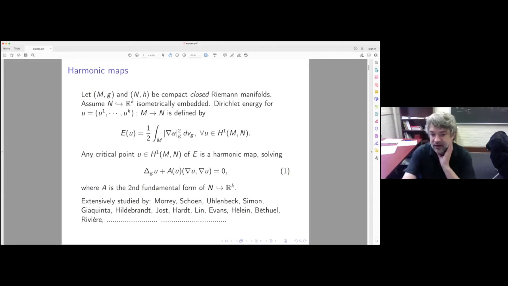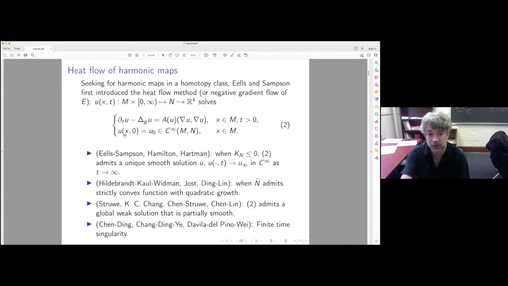So how do you define this type of thing? You can always look at a critical point of the equation, okay? But of course, you have to be very careful, when the target is non-compact, with which type of solution you are manipulating. And you would have the same thing here. By the way, you would have the same thing also for the flow of harmonic maps.